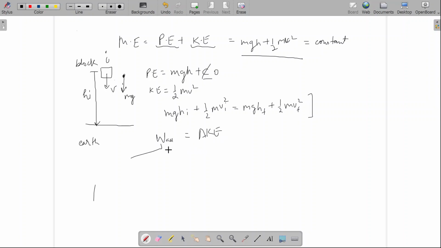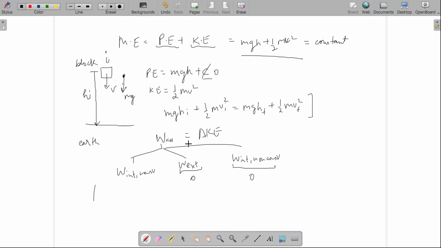The work done by all forces can be divided into various parts: work done by internal conservative forces, work done by external forces, and work done by internal non-conservative forces. We are already saying work done by external forces to the system is zero, and work done by internal non-conservative forces is zero.